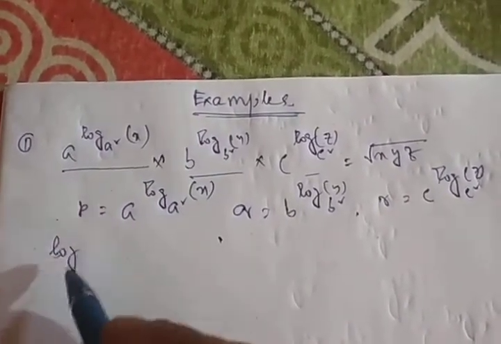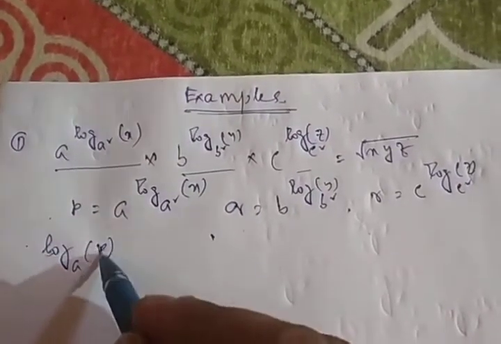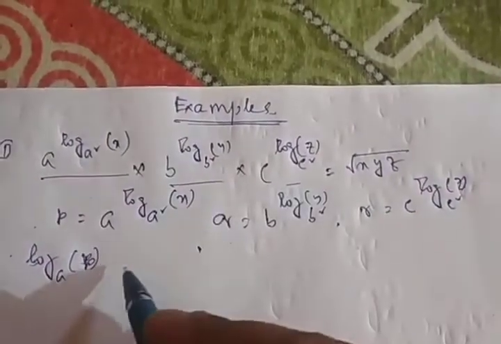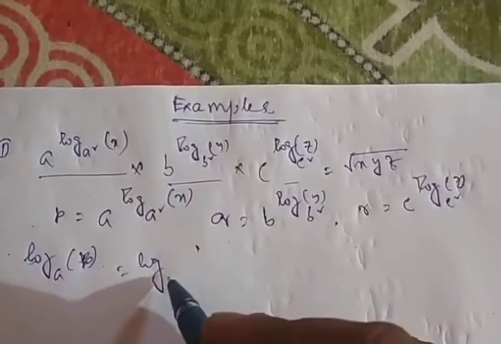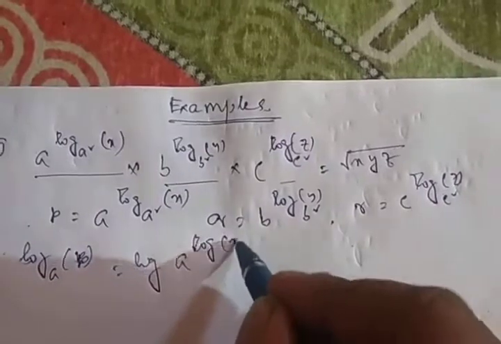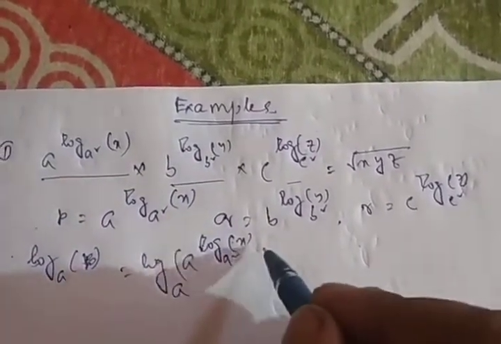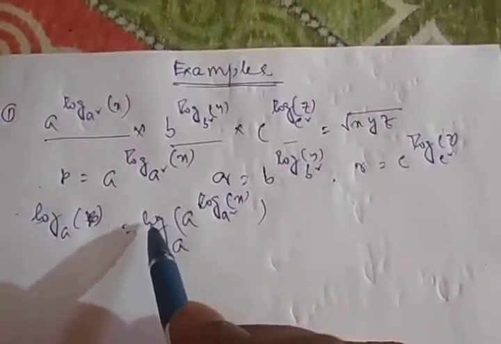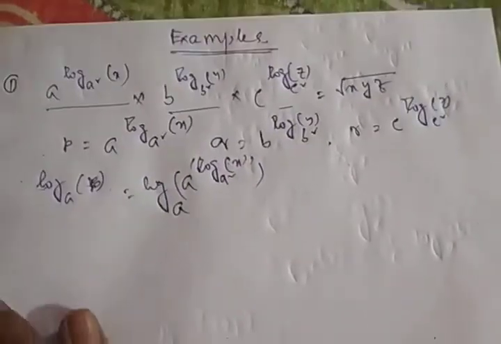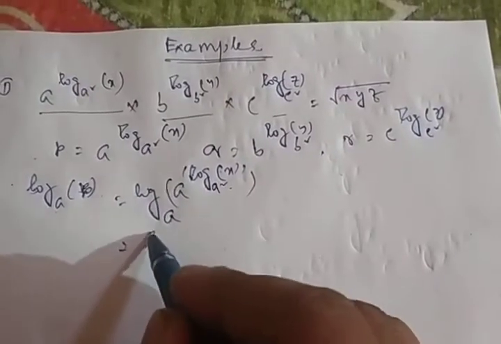With respect to a, log on both sides with base a. So we get log p with respect to base a. On the right side, log a to the power log of x with base a square, with base a. Here the power term will be taken out in front.